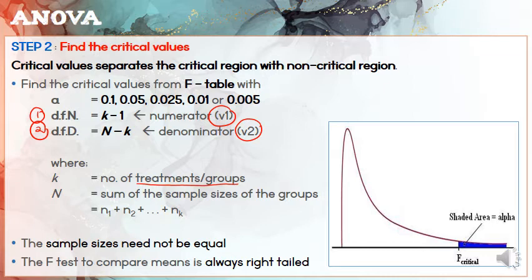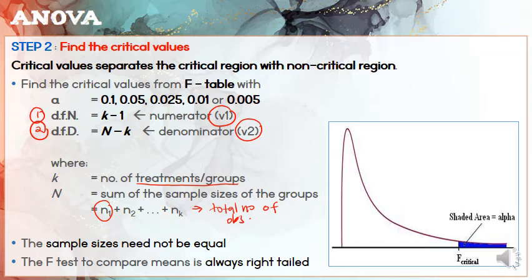Okay, where capital N is N1 plus N2 plus up to Nk, where N1 is the sample size or number of observation in group number 1 plus the sample size in group number 2 and so on. In simple terms, capital N is total number of observation. So the sample size need not be equal.